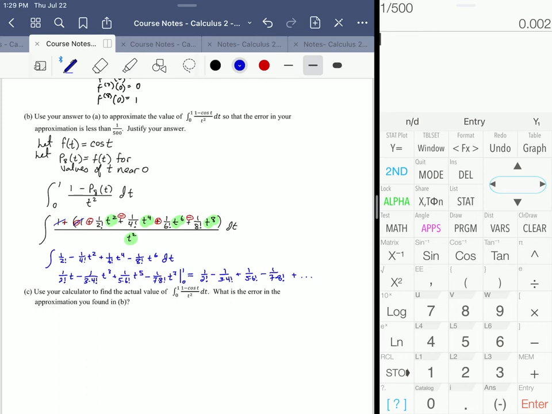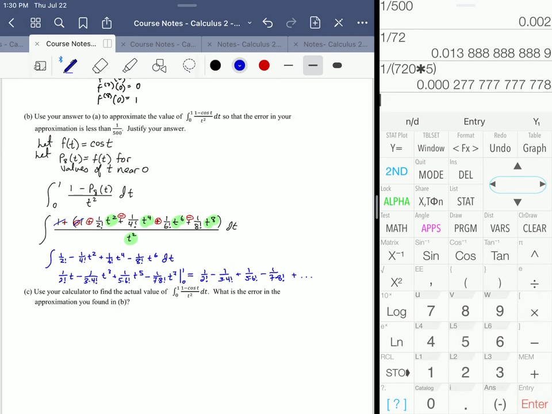All right. 1 divided by 3 times 4 factorial. So 4 factorial is 24. 24 times 3 is 72. So 1 divided by 72. Not small enough, but it's getting closer. 6 factorial is 720. 720 times 5. So 1 divided by 720 times 5 is definitely small enough.